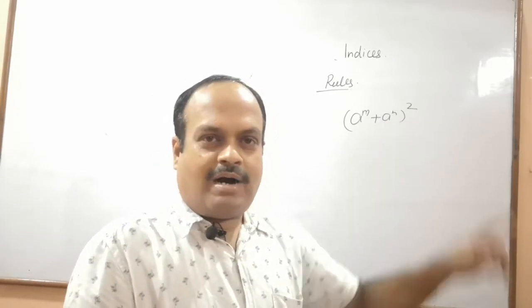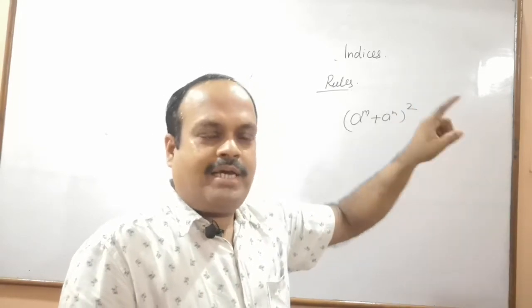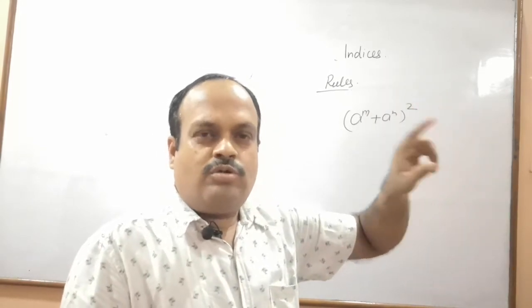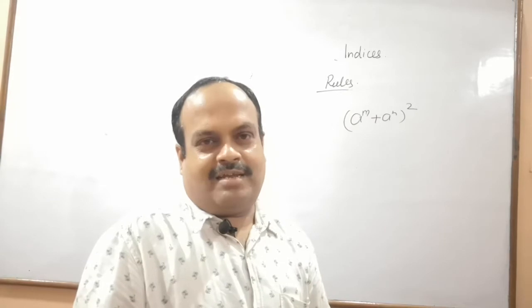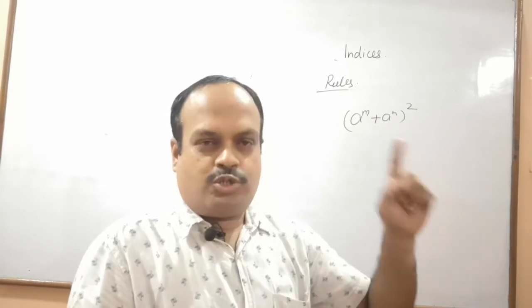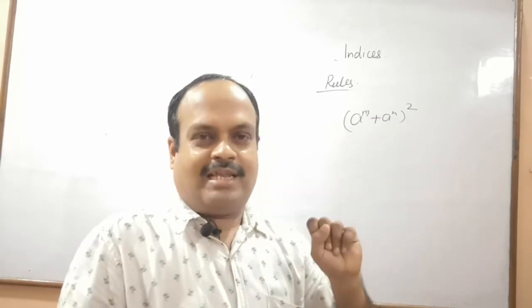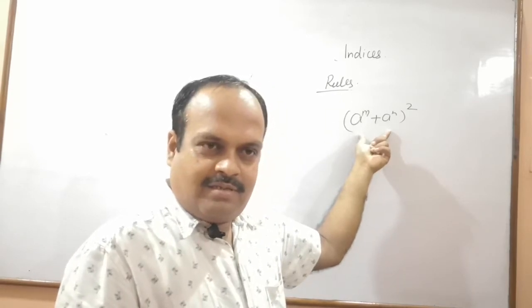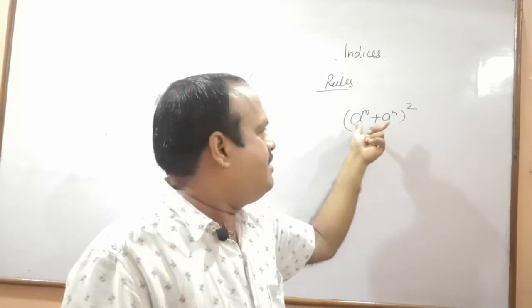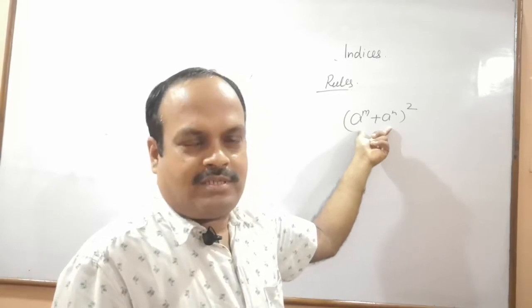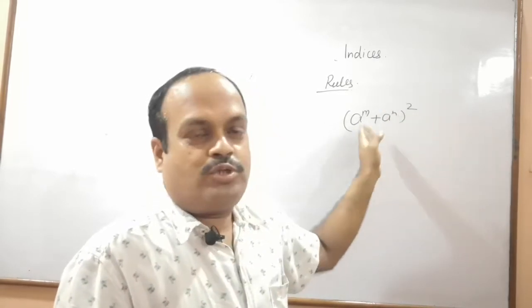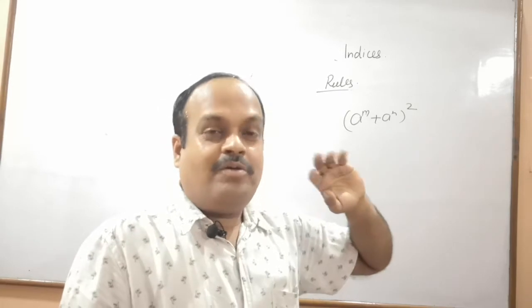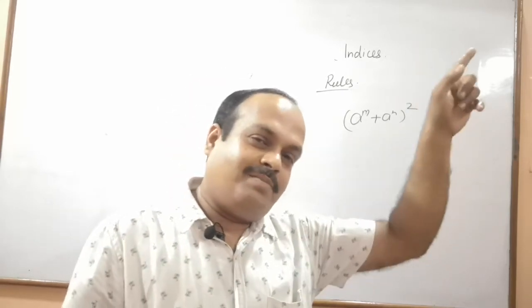So power law is applicable to a product of exponential numbers or to an exponential number. We have two terms here and the power is 2. So to get this result, we will have to use the algebraic law.